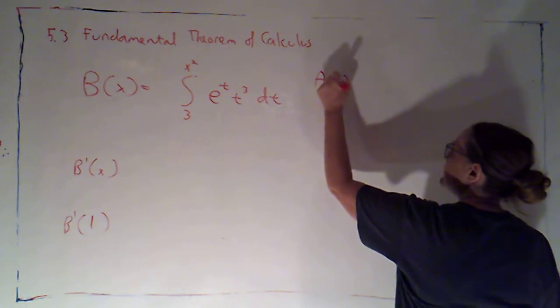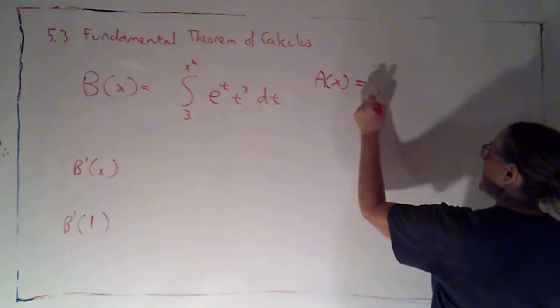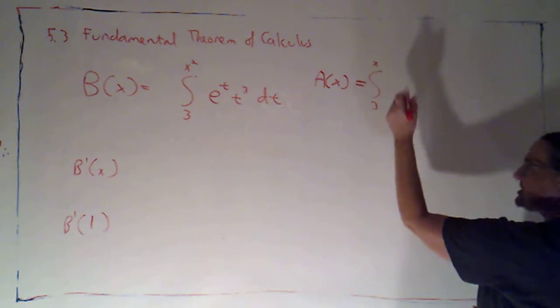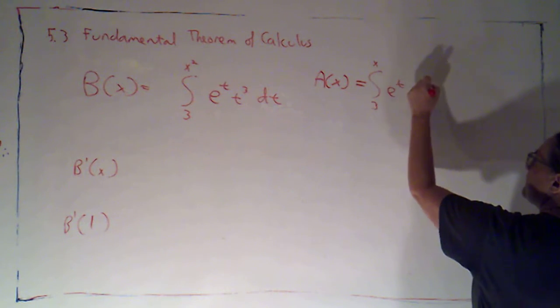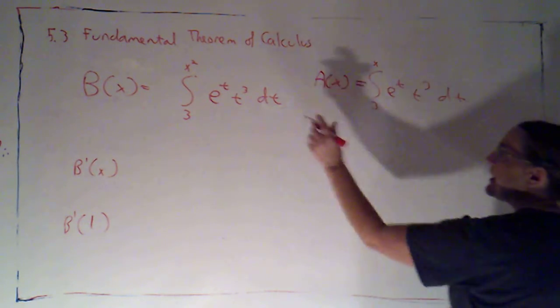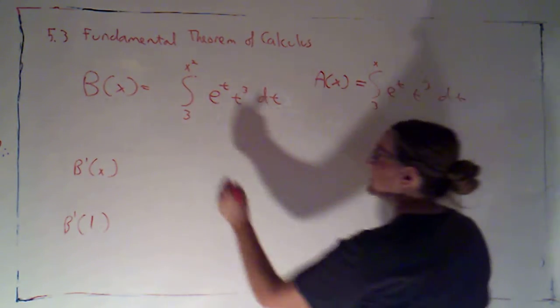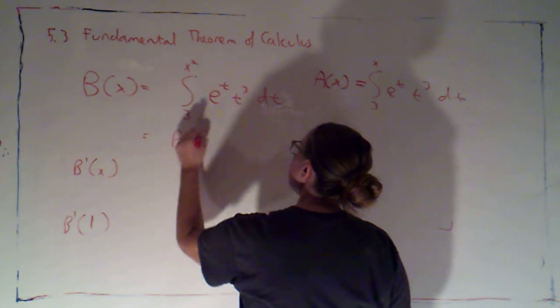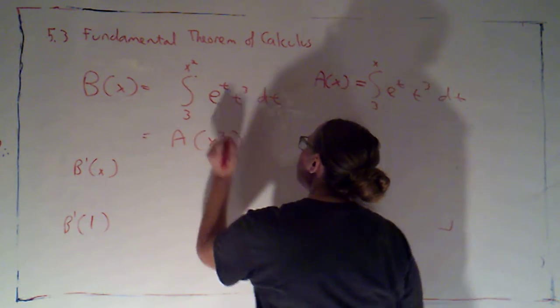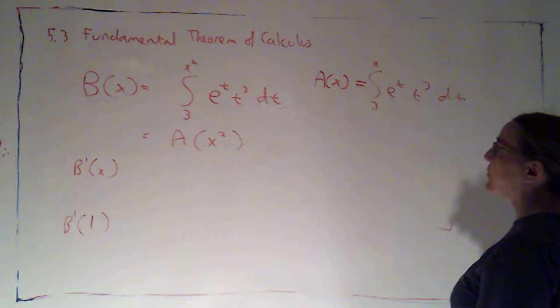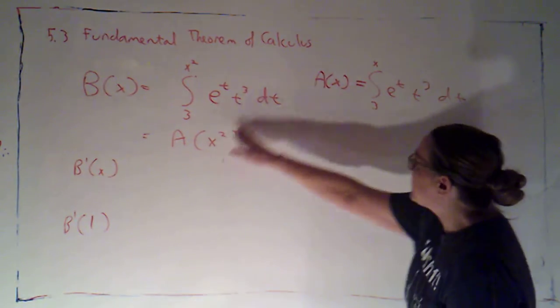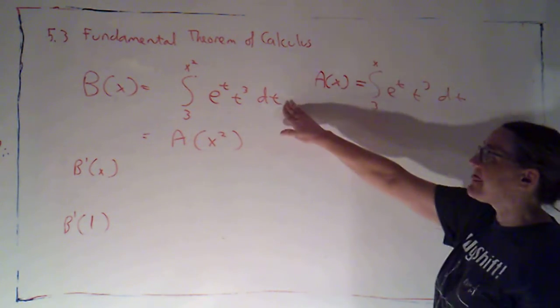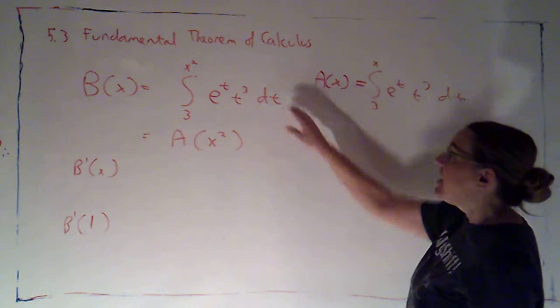A of x, the area function in question, would be what I get if I just had an x there. This right here is that area function evaluated at x squared. Because if I took x squared and I plugged it in for x, that's what I would get.